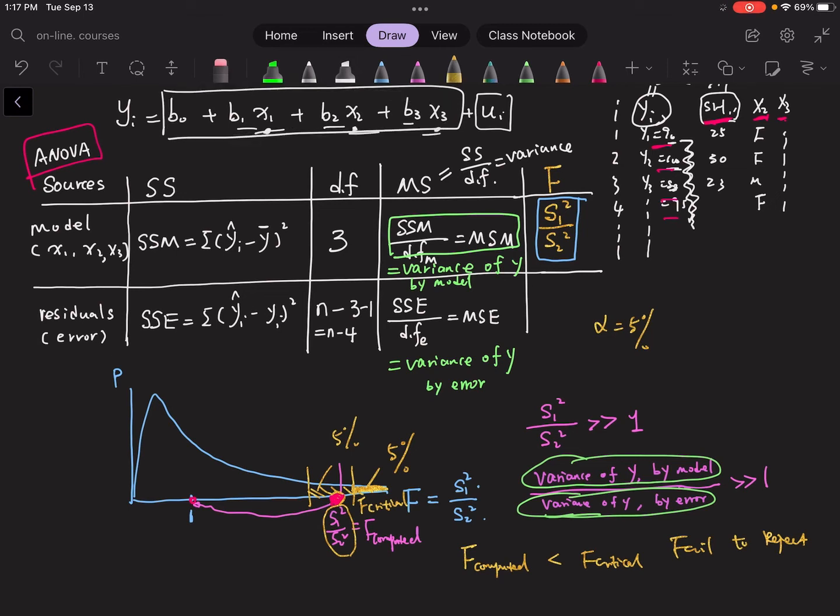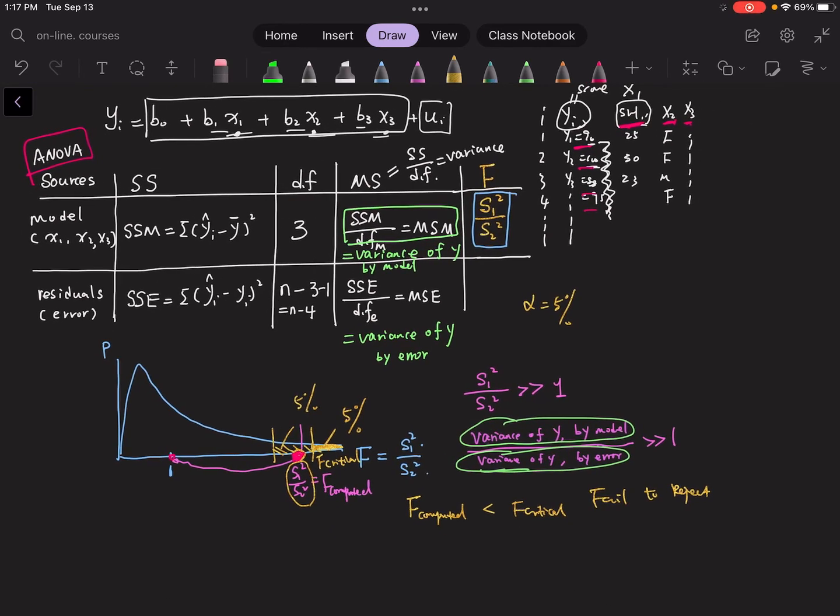That gives us the null hypothesis and alternative hypothesis. Let me zoom out a little bit. The null hypothesis of this F-test will be beta 1 equals beta 2 equals beta 3 equals 0. If none of these is statistically significant, then changing x1 is associated with 0 change in y, changing x2 is associated with 0 change in y, changing x3 is associated with 0 change in y.